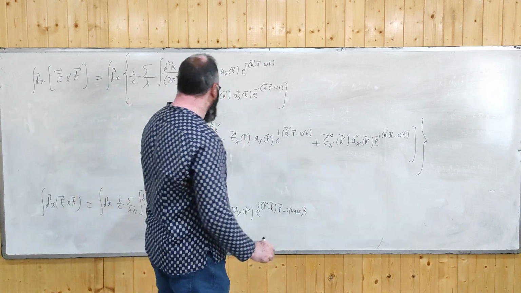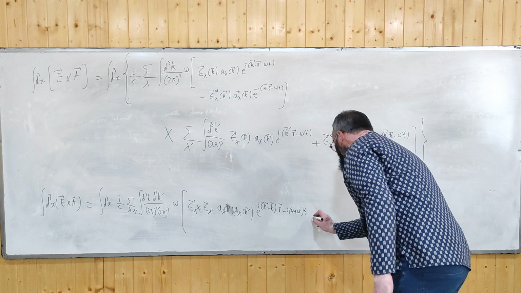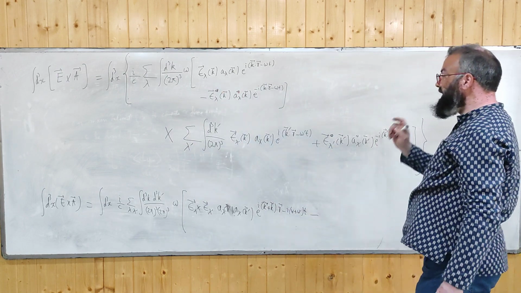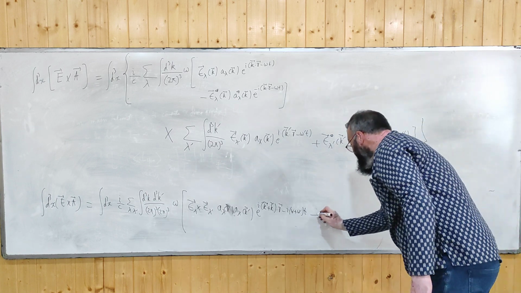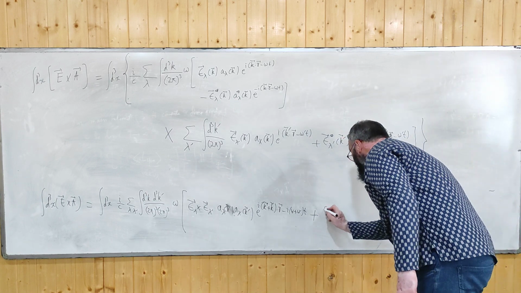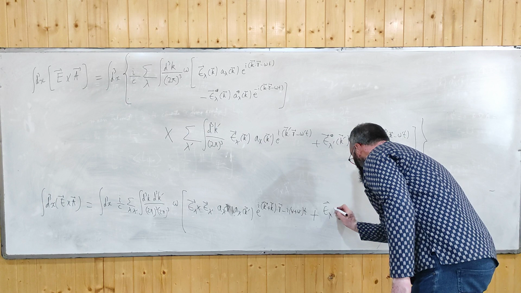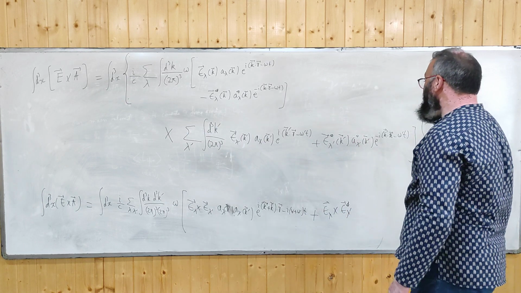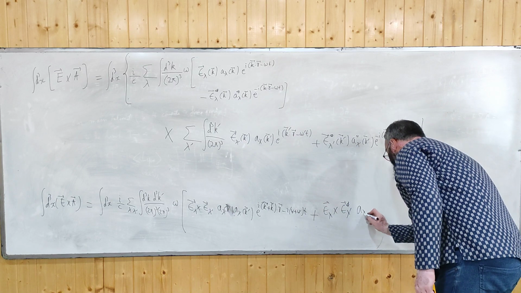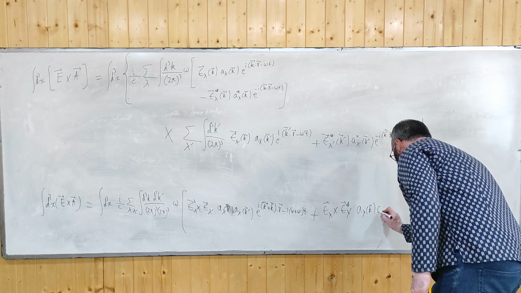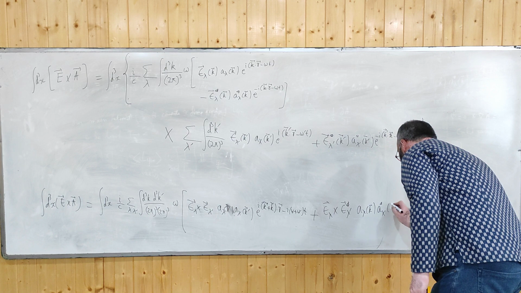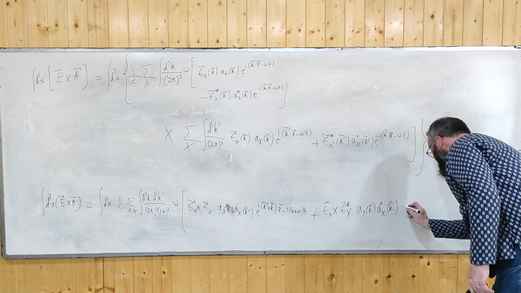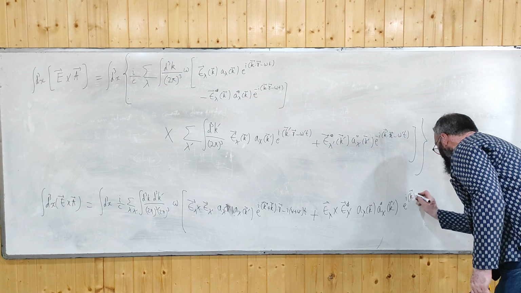Then you are having the minus term, this multiplied by this thing. Sorry, it's plus. So you are having this epsilon lambda cross epsilon star lambda prime, then a lambda k, a star lambda prime k prime, then e raised to i(k minus k prime dot r minus omega minus omega prime t).